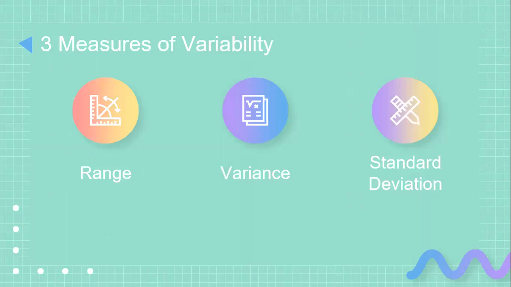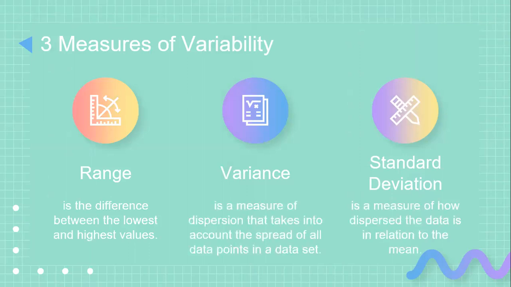So we have here the three measures of variability. The first one is the range, the second one is the variance, and the third one is the standard deviation. The range is defined as the difference between the lowest and highest values.